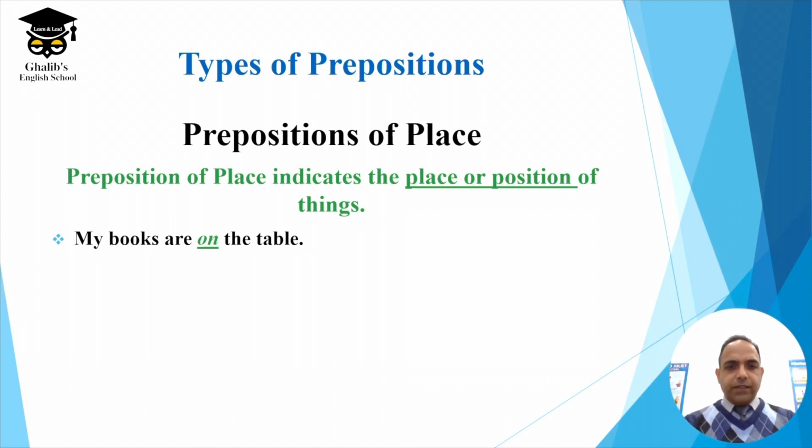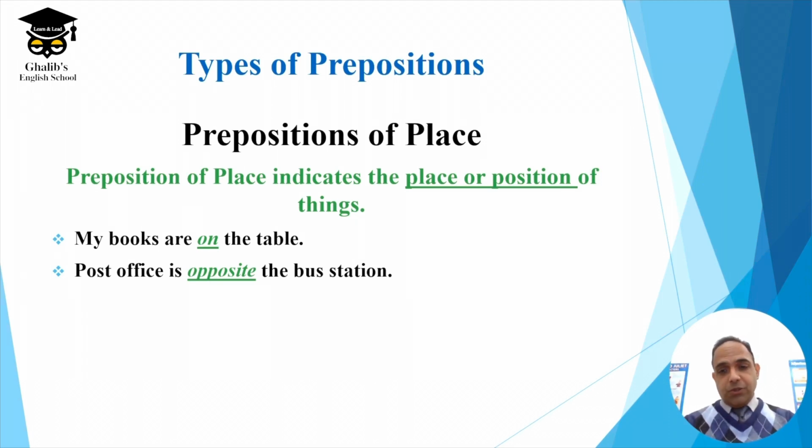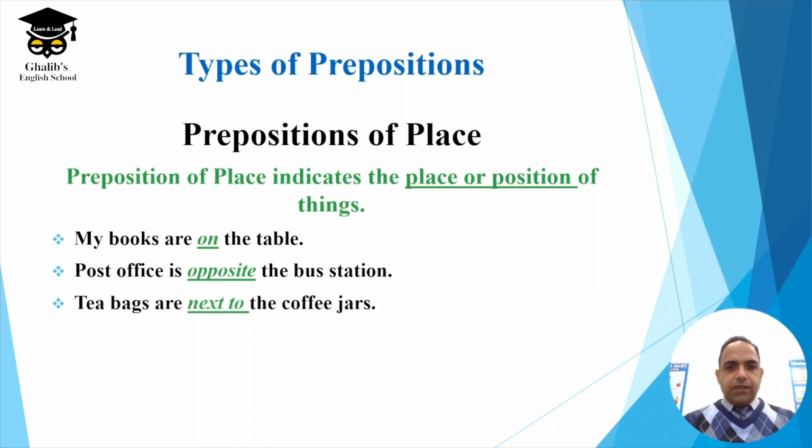Let's have a look at the second example. Post office is opposite the bus station. So where is something? The post office is opposite the bus station. Our post office is next to the bus station. I have highlighted these prepositions so you can better understand them and then use them in your own English practice.